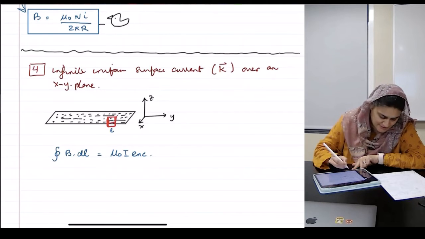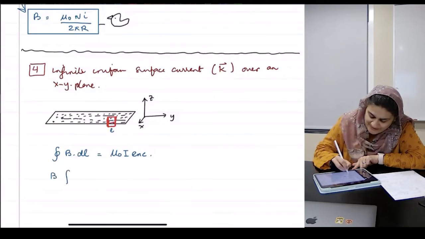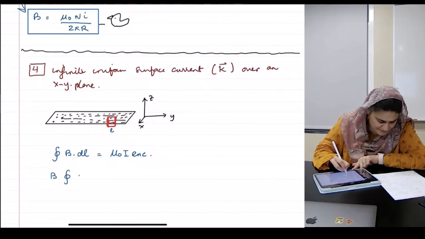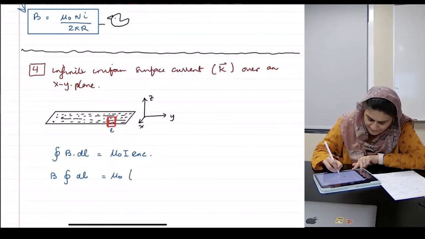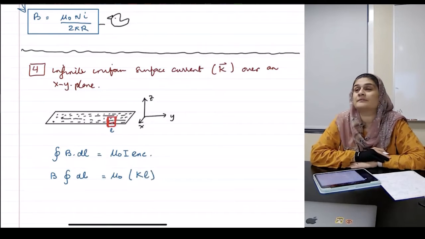B is constant, so may I write this as the current enclosed in this loop, is it KL, where L is the length of my loop?